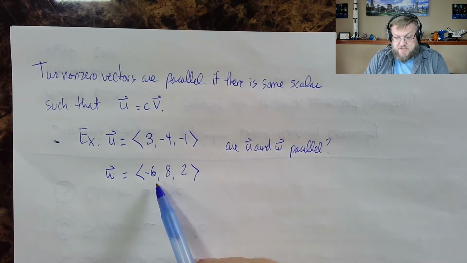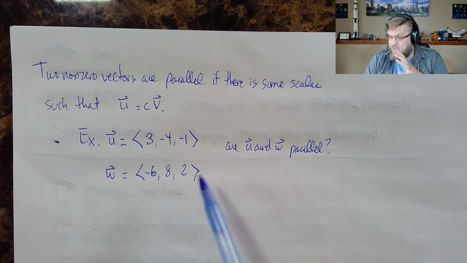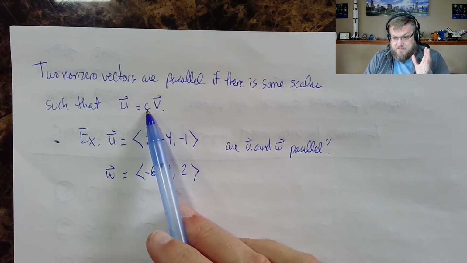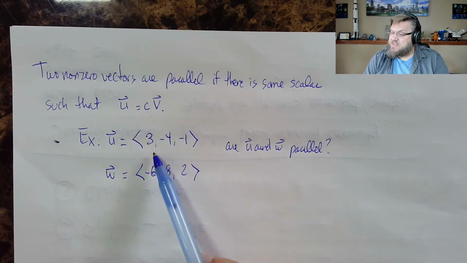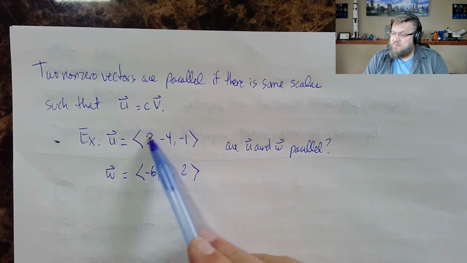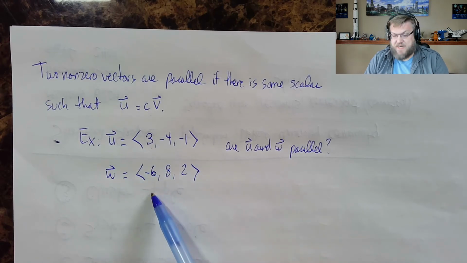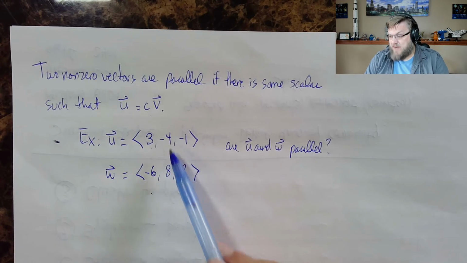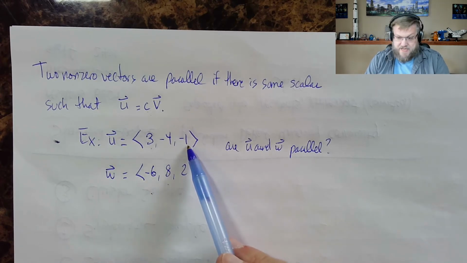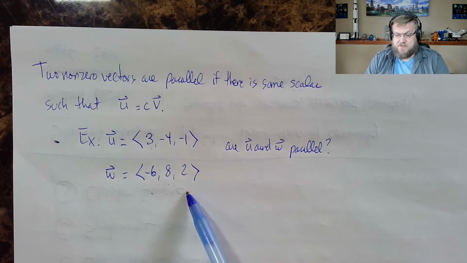Well, if you say yes, then you need to provide the constant, the scalar multiple between them, right? So for instance, I noticed that if I take 3 and I multiply it by -2, I get -6. If I multiply that by -2, I get +8. And if I multiply that by -2, I get +2.